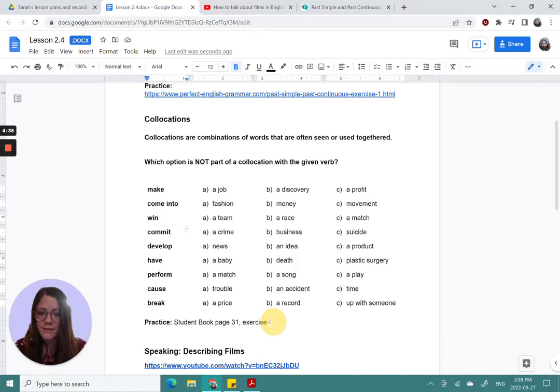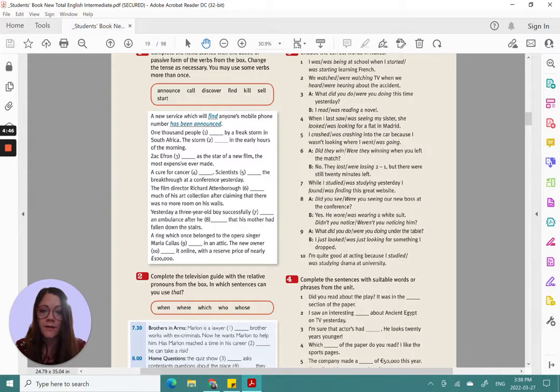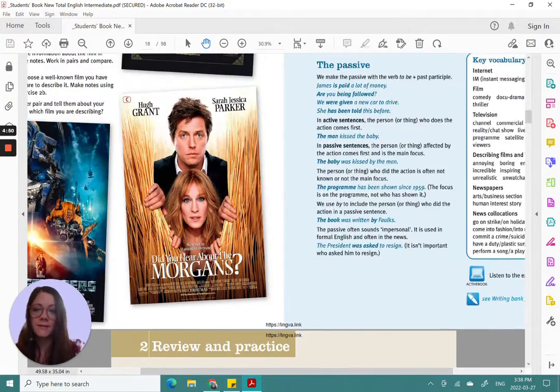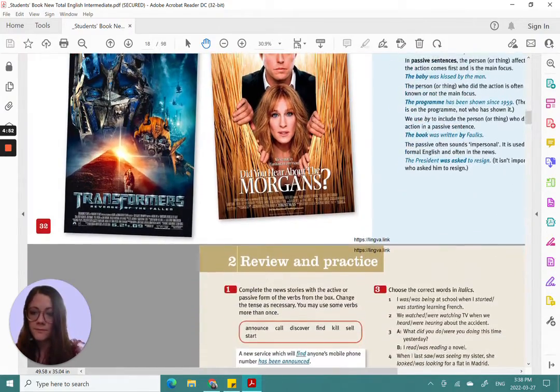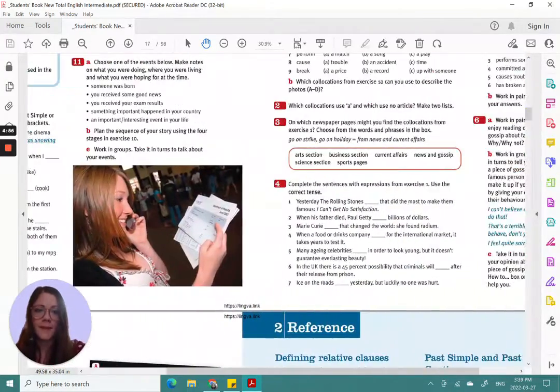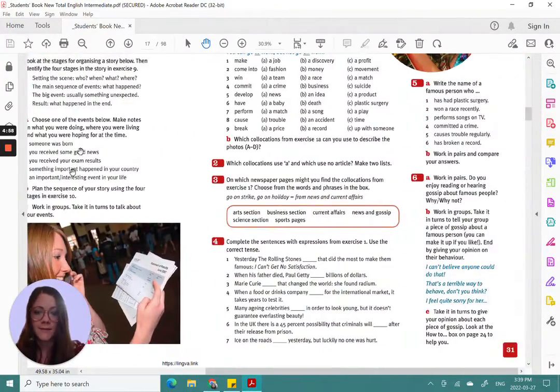You can also do exercise 4 on page 31 to further practice this, which looks like this here. You are filling it in with these phrases or these collocations.